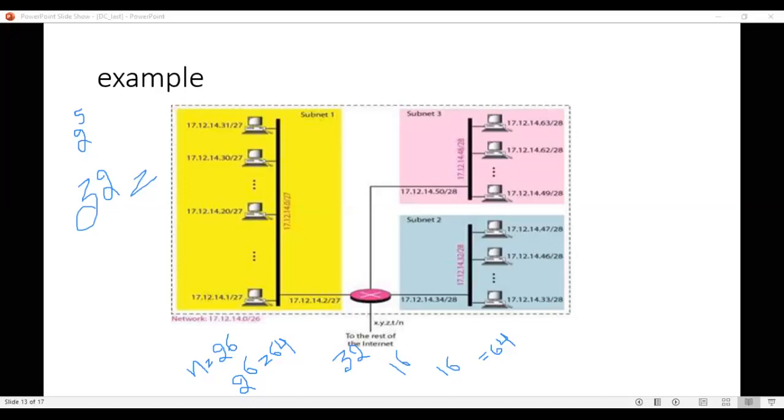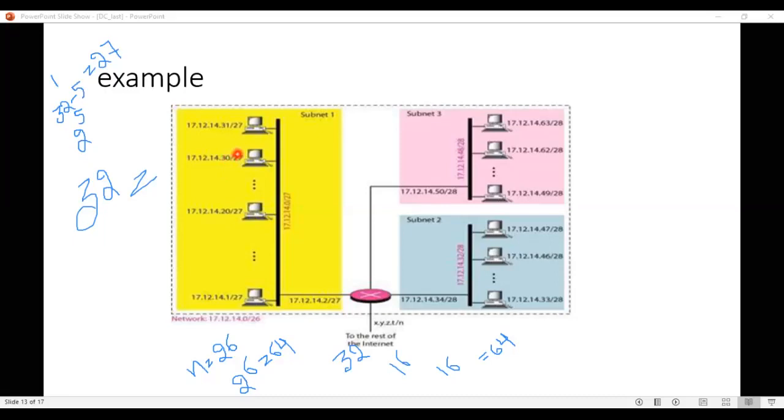Now when 5 is your suffix, what would be your mask? Out of 32 bits, you need 5 bits to represent the address in this first subnet. So 32 minus 5 is equal to 27. So for the first subnet, the mask is 27. See here in the diagram.